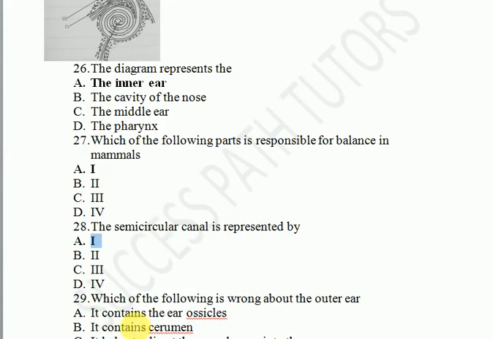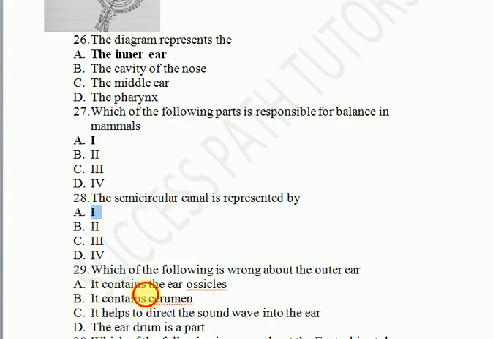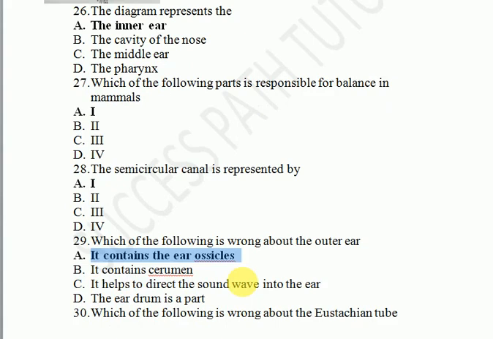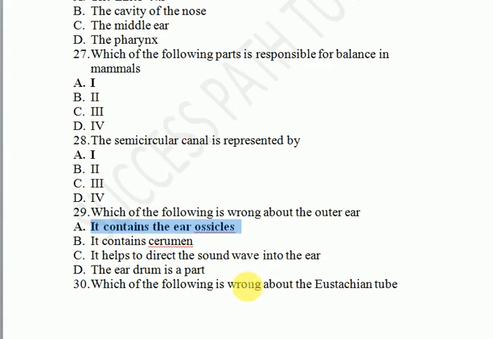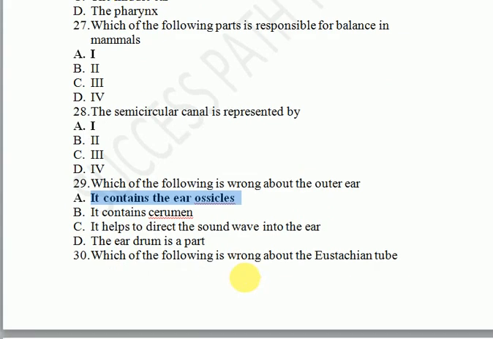Which of the following is wrong about the outer ear? It contains ear ossicles. No, the ear ossicles are found in the middle ear. That's like the major content there, aside the round and oval window and the Eustachian tube. Which of the following is wrong about Eustachian tube?